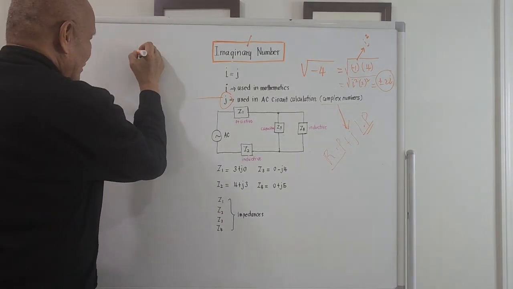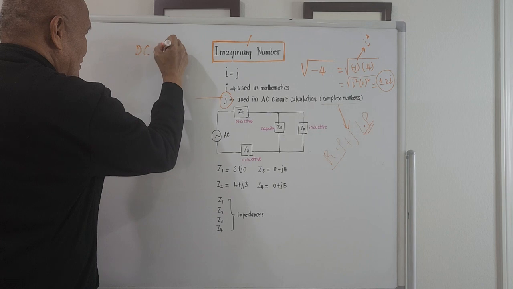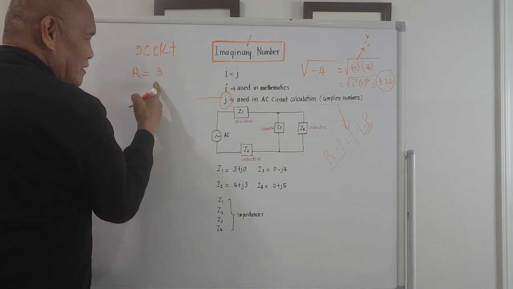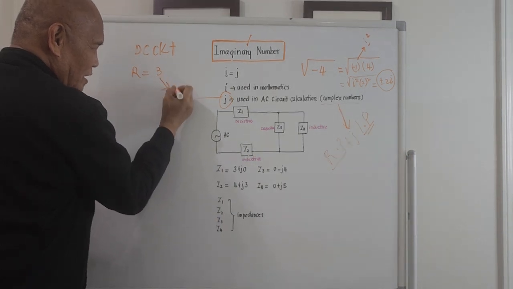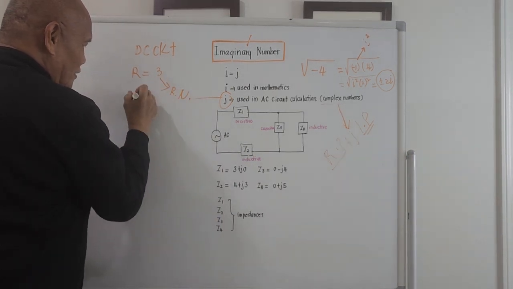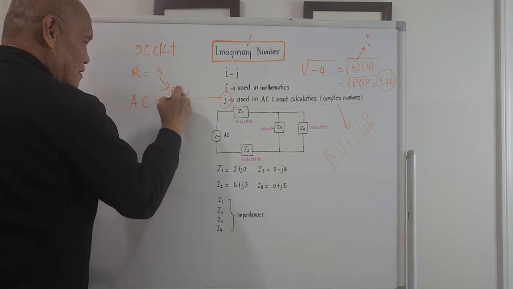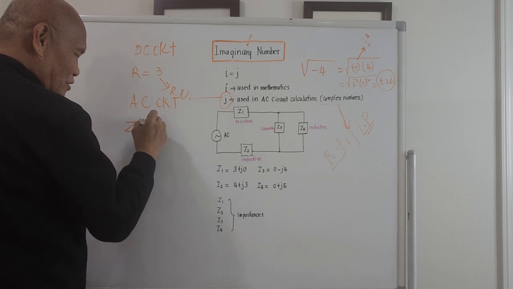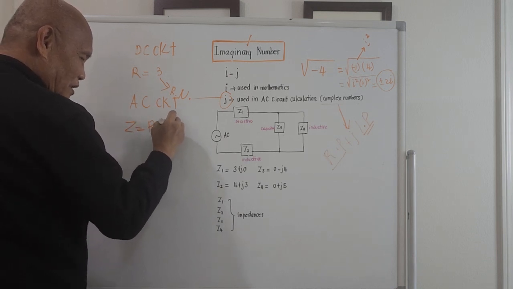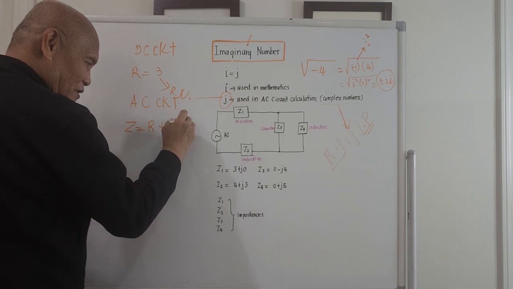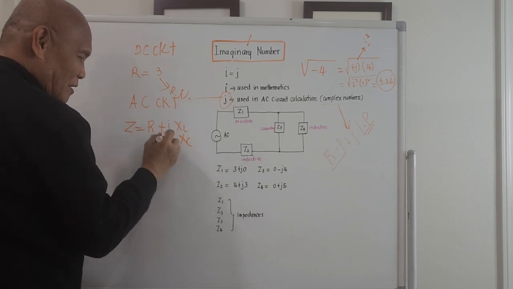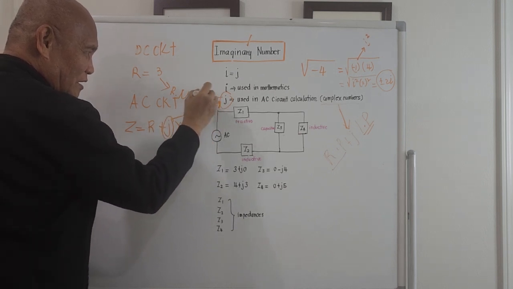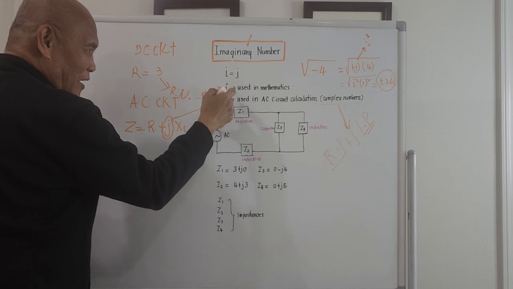If the resistance in a DC circuit is just represented by 3, then 3 is a real number. But under AC circuit, the total opposition to the current is represented by a real part plus J, the imaginary part, XL or X sub C. There is a J sign over here, and it came from letter I.